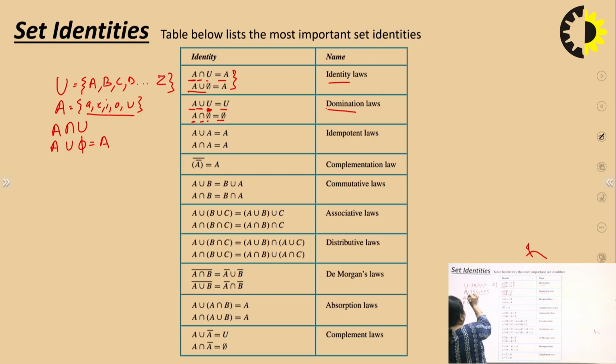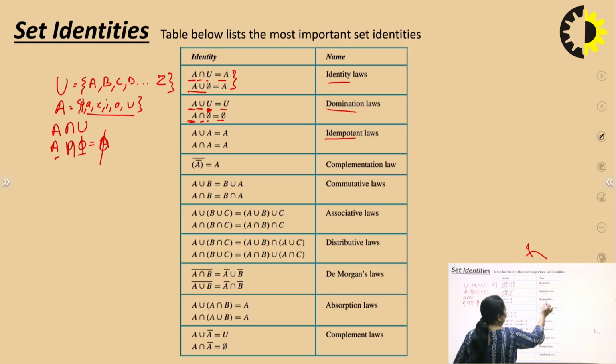Here we assume there is an empty element. So whenever we apply intersection with the empty set, we get the empty set. It dominates over the set. Whenever we apply union with the universal set, we get the universal set; whenever we apply intersection with the empty set, we get the empty set.